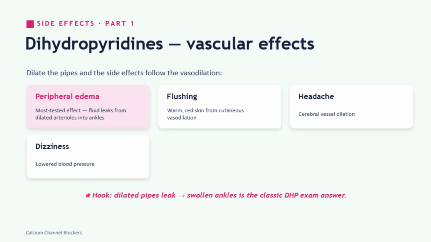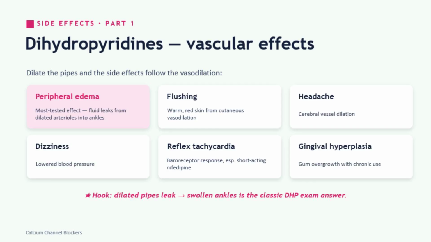Time for side effects, and here is the beautiful thing. You do not even have to memorize them. You can reason them out. The pipe drugs dilate vessels, so their side effects are just vasodilation taken too far. My mnemonic: dilated pipes leak.